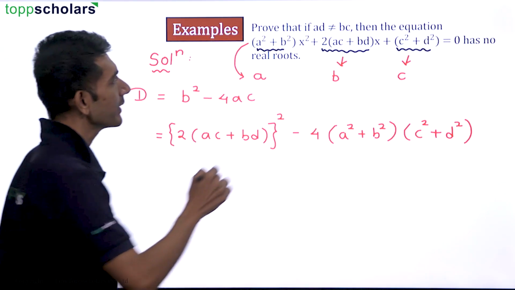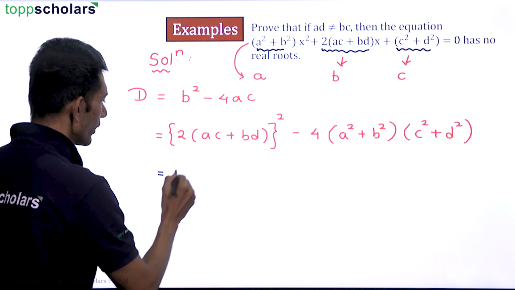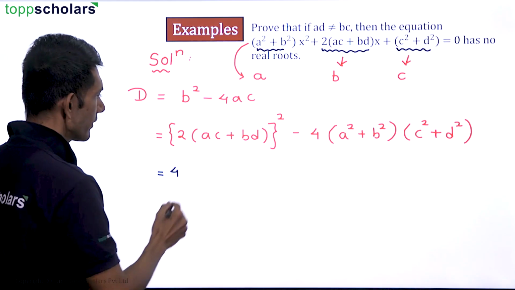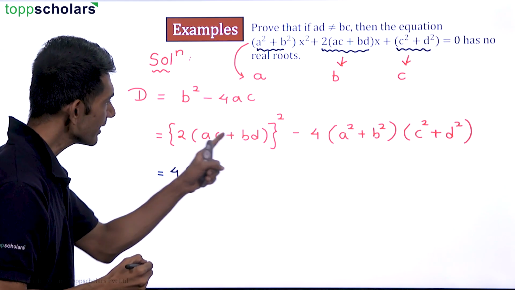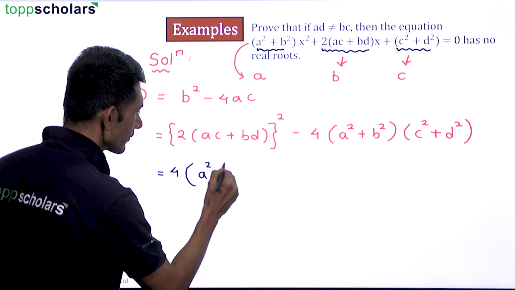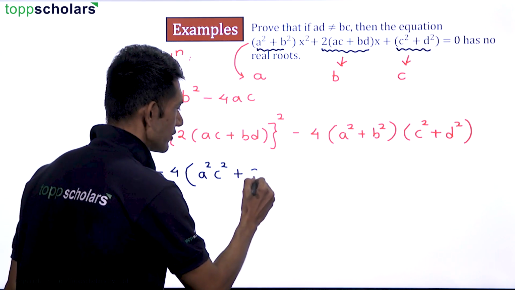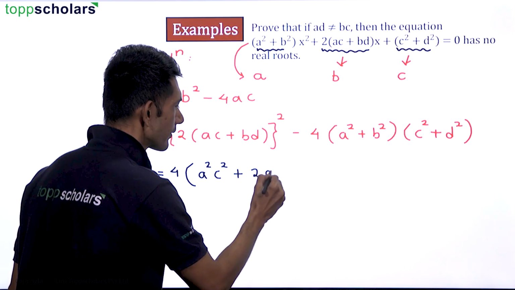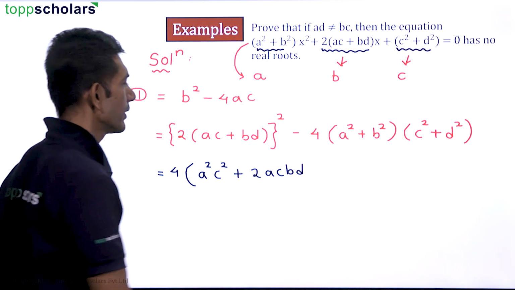Now we can open the bracket, and here we get this is equal to 2 square is 4, right? And then (AC plus BD). So this is (A plus B) the whole square, that is A square plus 2AB, that is 2ACBD, right?